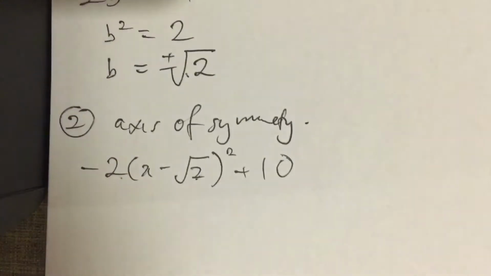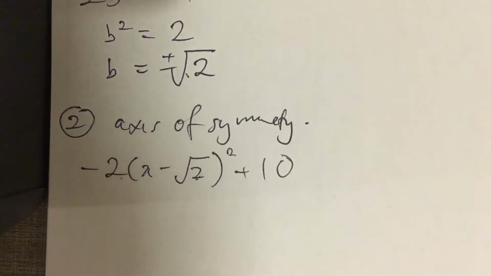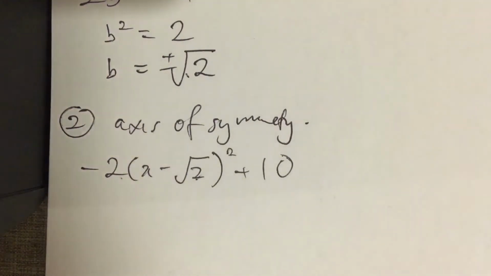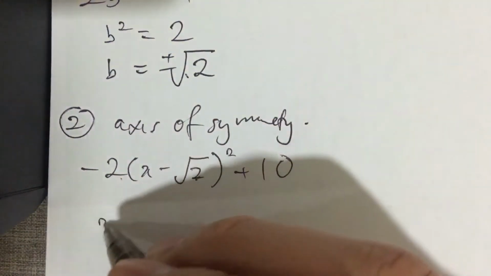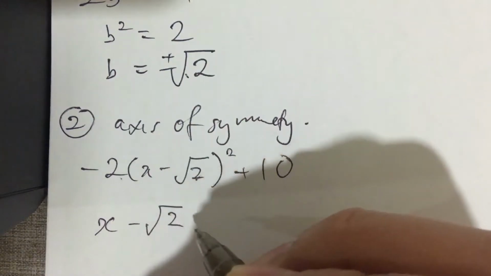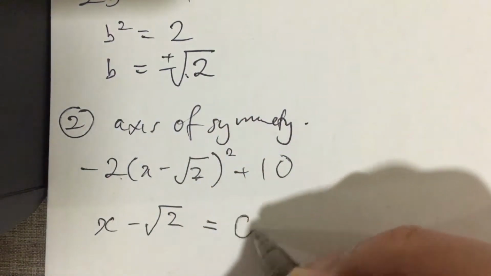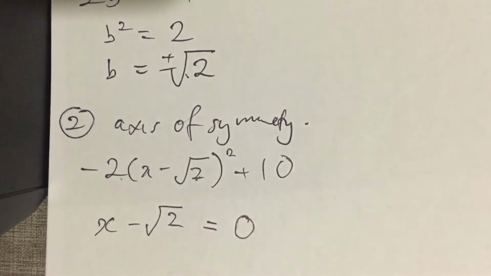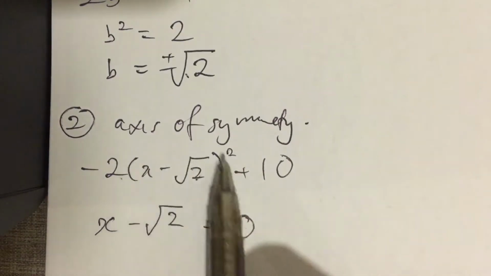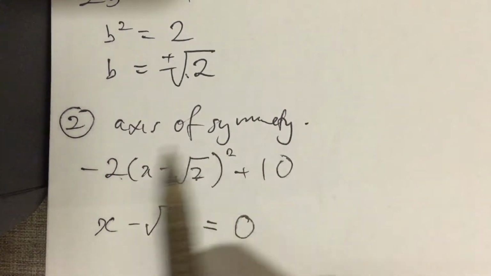So I'll give you a trick here. When you want to find the axis of symmetry, all you need to do is this. You have to roughly guess the format.